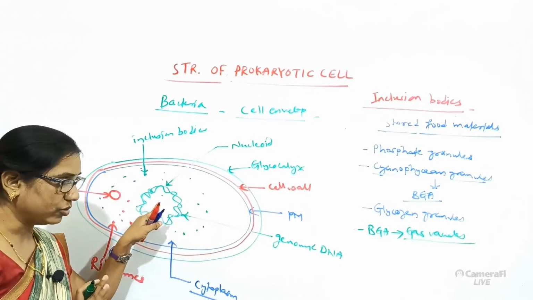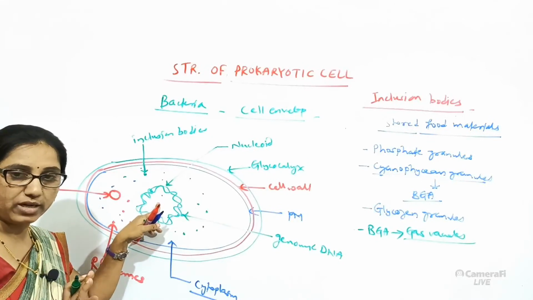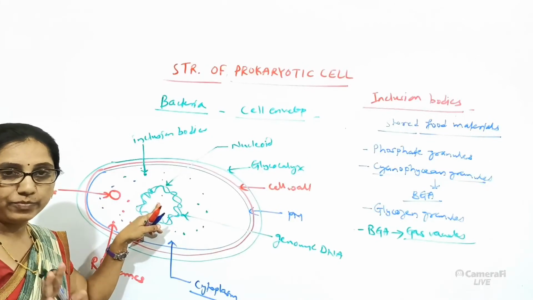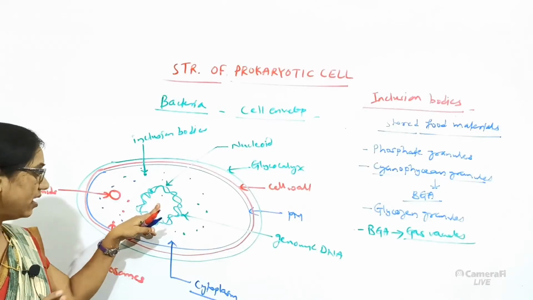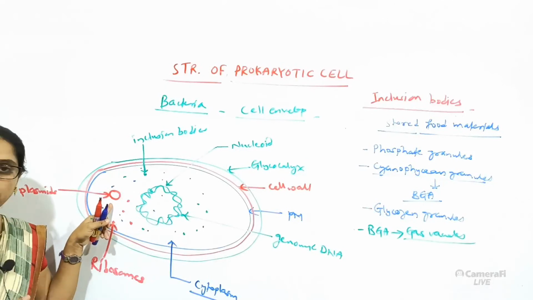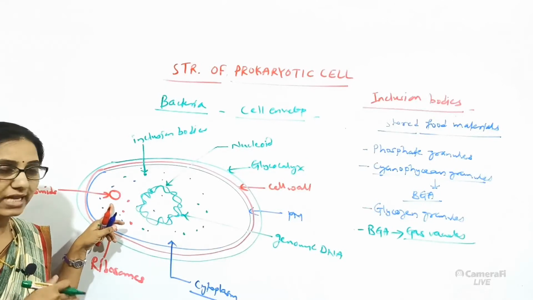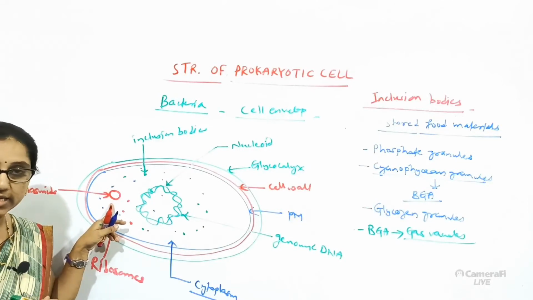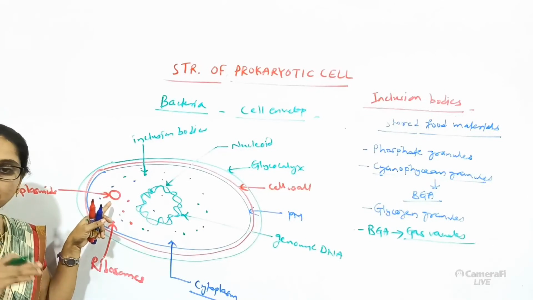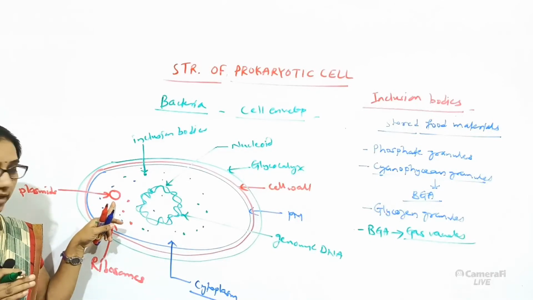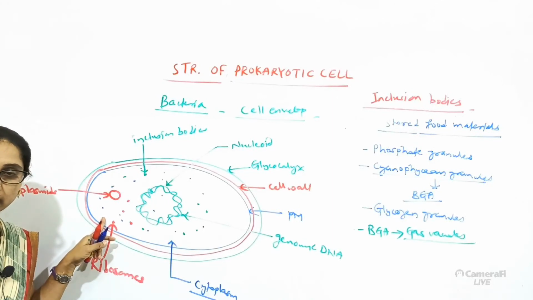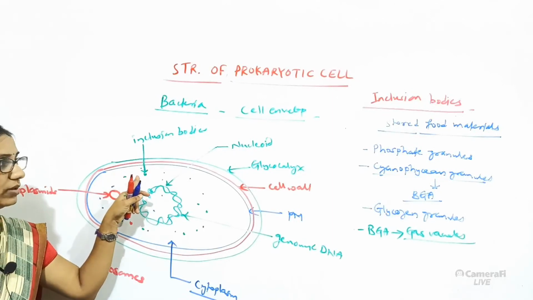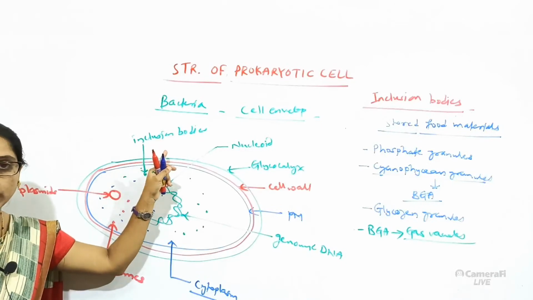One, chromosomal DNA or genomic DNA, naked DNA not associated with protein, circular double-stranded DNA. Second one is a plasmid, extra chromosomal self-replicating DNA, which provides unique character to the bacterial cell. Third one is the ribosomes, which are the protein factories of the cell, and the fourth one is the inclusion bodies.